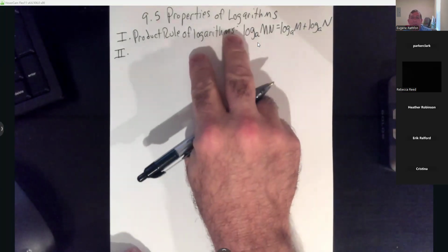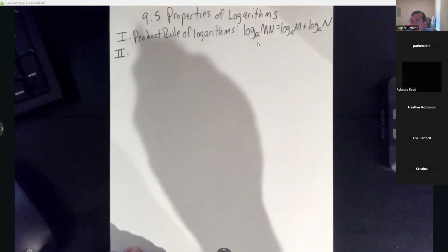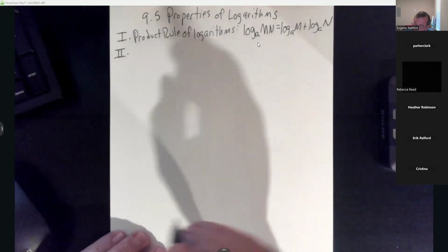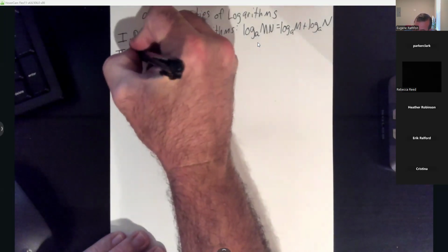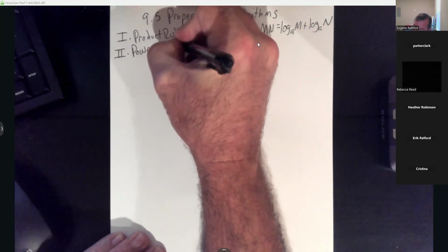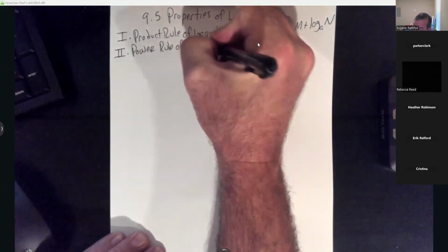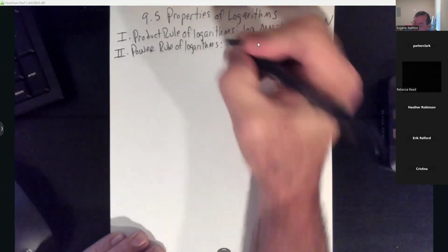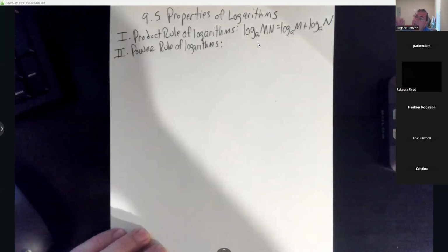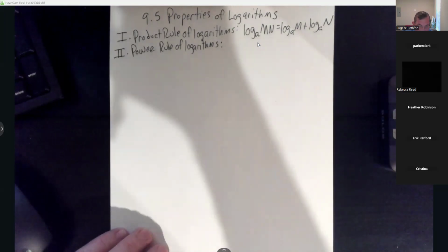Now in a second, we'll do examples of each of these to get us more used to them. So I'm just going to give us all the rules first, and then we'll go through the examples. So next I have the power rule of logarithms. So this is what I would do when I have a logarithm with the base raised to an exponent.